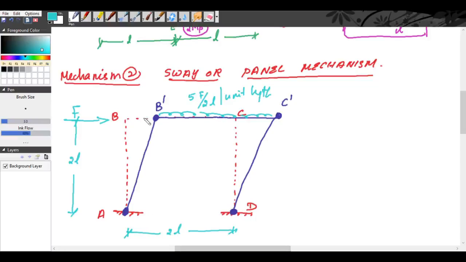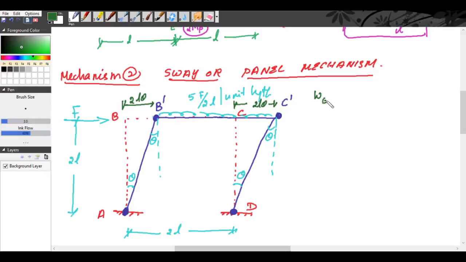So, now this distance BB dash will be equal to CC dash. Also, if this angle is theta, this angle becomes theta. Both columns are of equal length, so this angle also will be equal to theta. Now, BB dash is equal to 2L theta, and CC dash is equal to 2L theta.